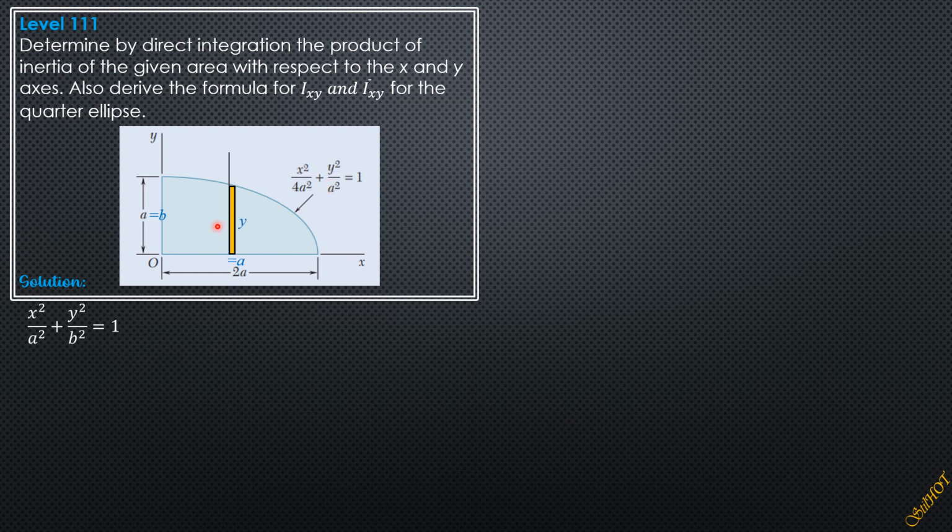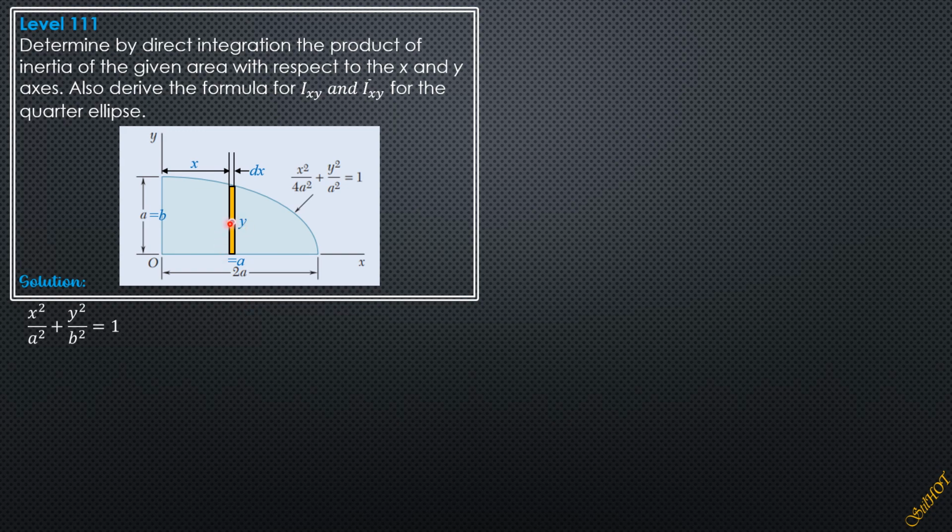Ixy, considering the vertical strip, the distance of every element of the strip from the y-axis is x. The thickness is dx, so the variable of integration is x. So limits would be 0 to a for this problem. Then the location of the centroid is here.